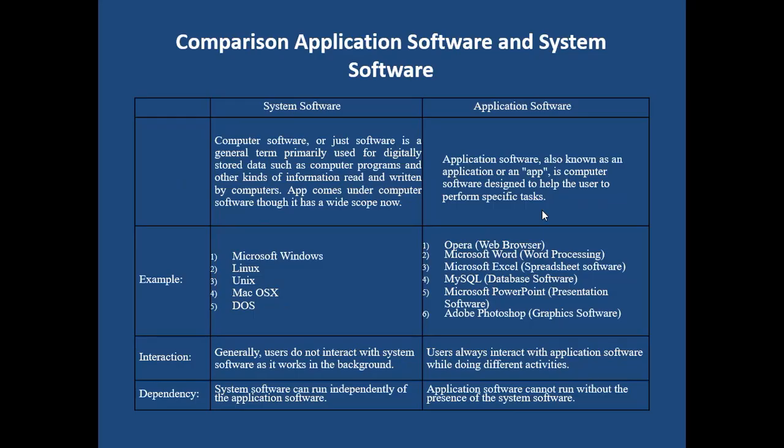We shall have MySQL, which is the database software. And we shall also have Microsoft PowerPoint, which is the presentation software. We shall have Adobe Photoshop, which is a graphic software. So these are apps falling under application software.